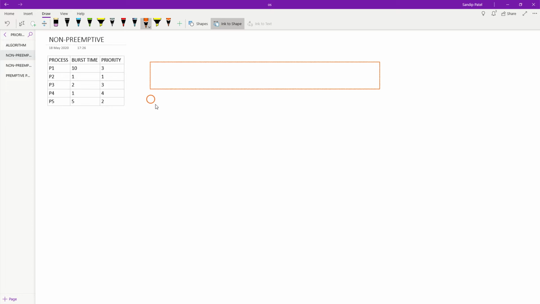No arrival time is given, so we assume an arrival time of 0 milliseconds for each and every process. So at 0 milliseconds, how many processes are in the ready queue? P1, P2, P3, P4 and P5.